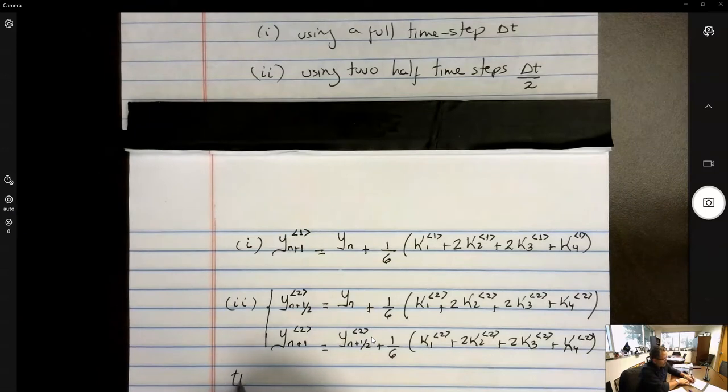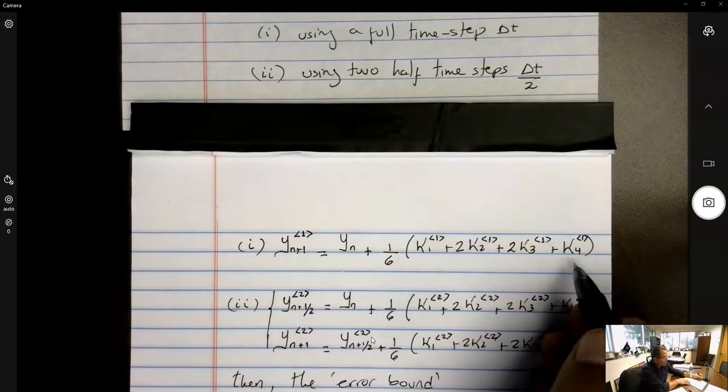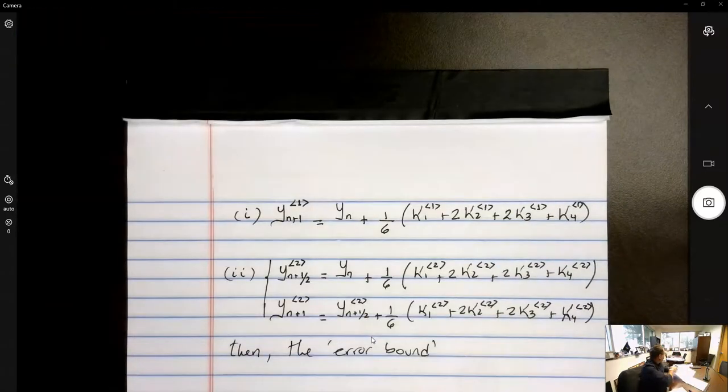Then, the error bound. So we know that these two solutions represent estimates of the solution at the same time level.